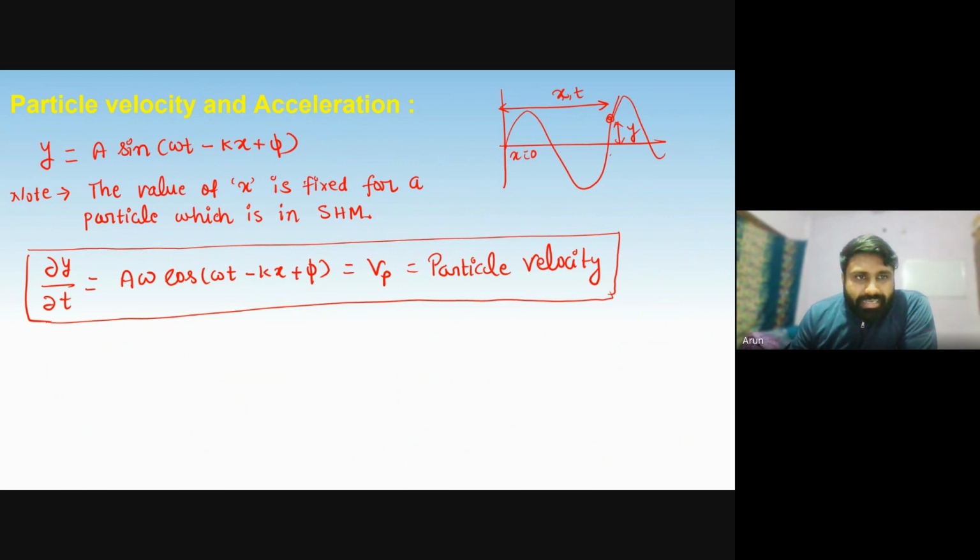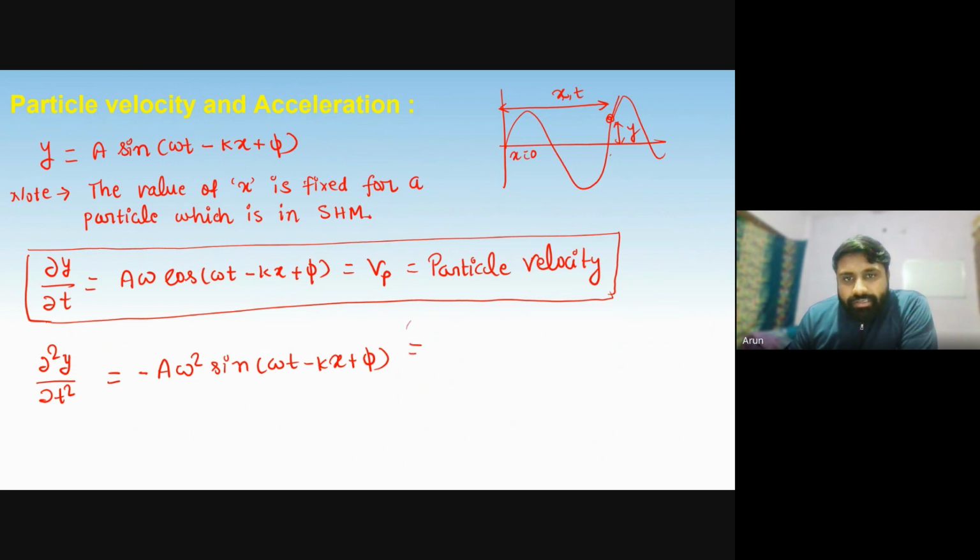For acceleration, you need to differentiate it twice with respect to time, but partially. So again, it will become minus a omega square sine omega t minus kx plus phi. Now, this a sine omega t minus kx plus phi is y.